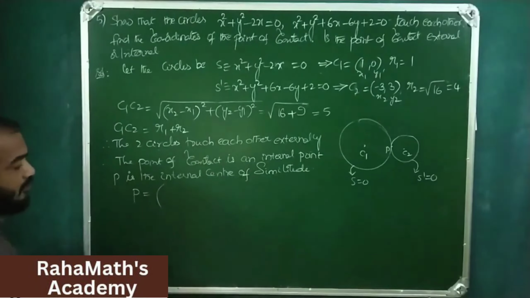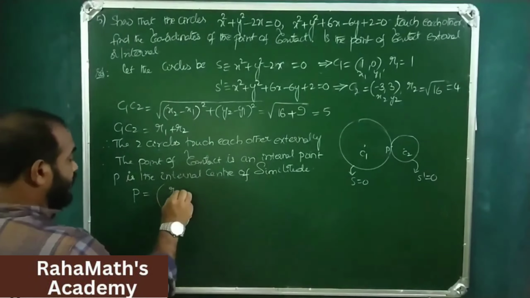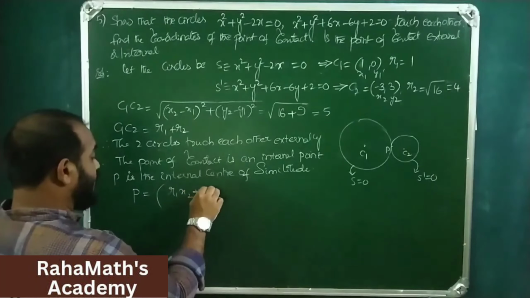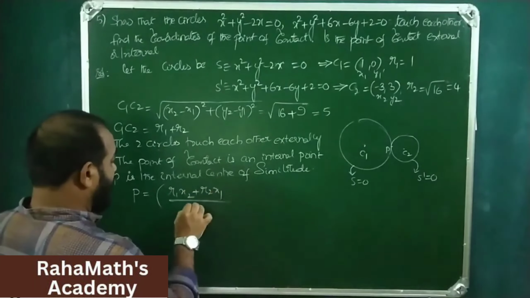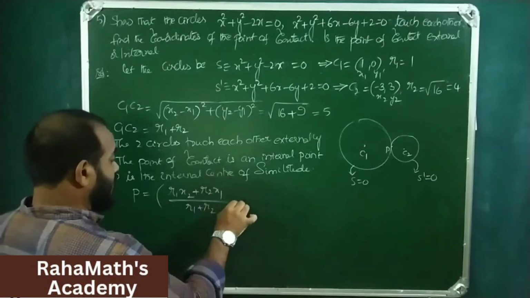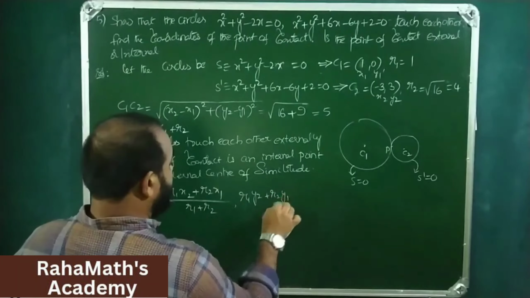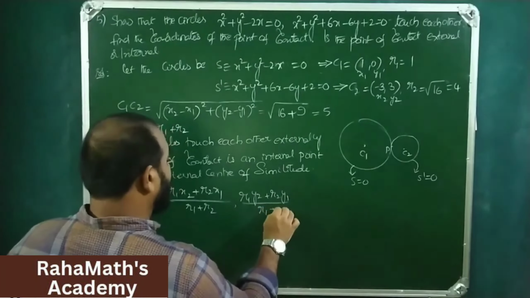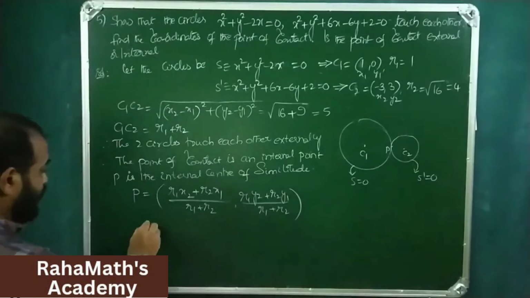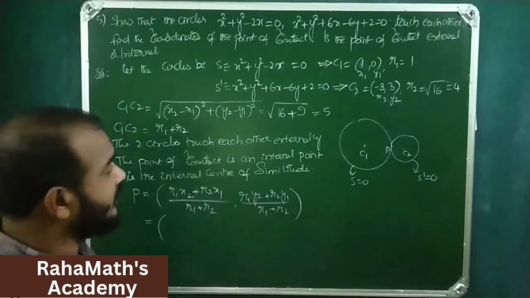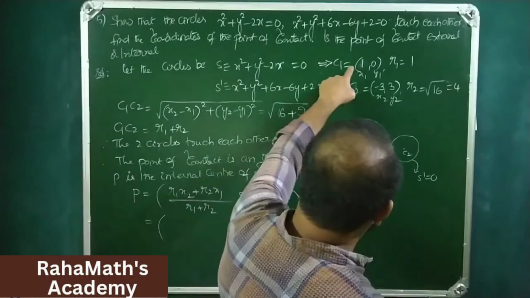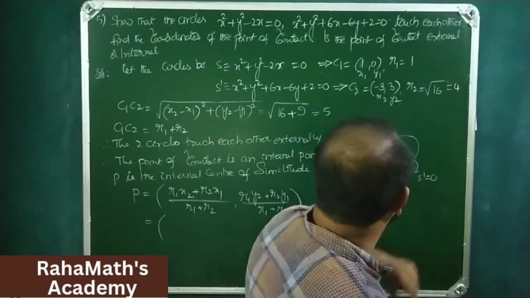So therefore, what is P? What is the formula for P? It is (R1x2 plus R2x1) by (R1 plus R2), (R1y2 plus R2y1) by (R1 plus R2). Here x1, x2, R1, R2, everything we have.